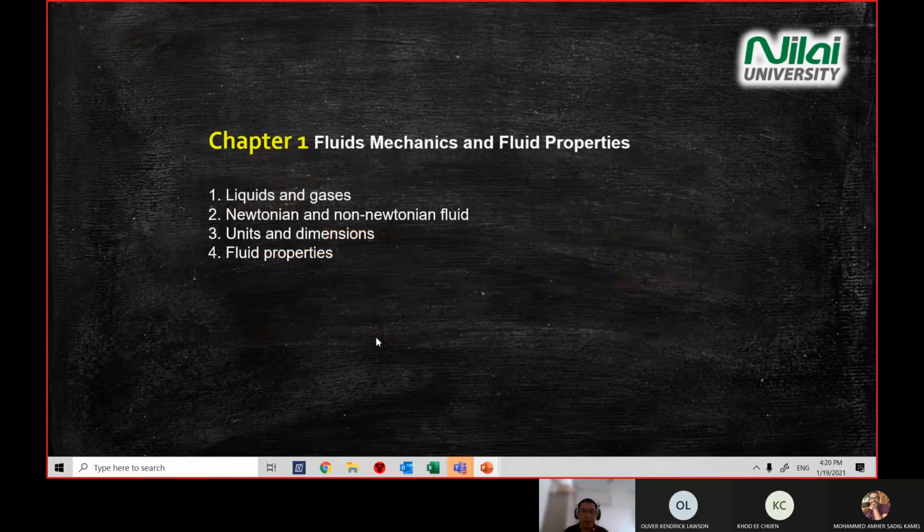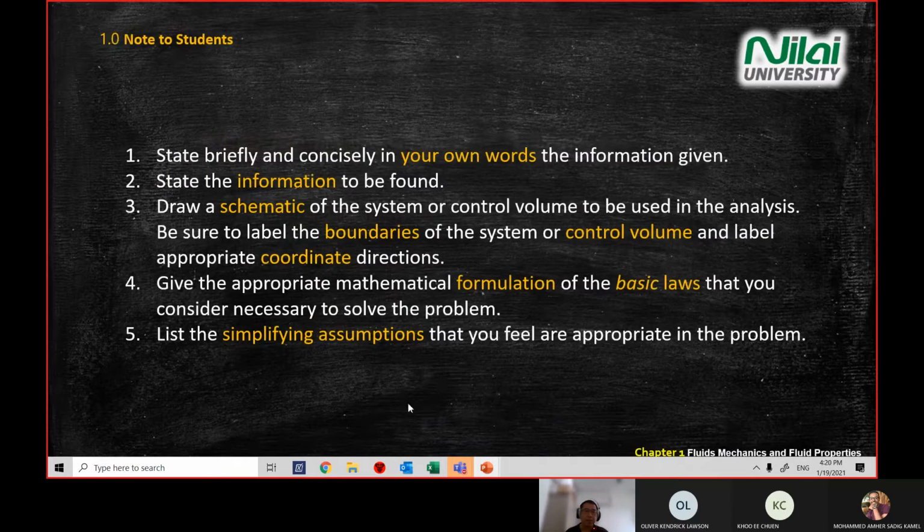Right. Now these are a few notes to all of you. These are the steps that we're going to use every time we come to solve a problem. Okay. So I'll list out a few steps. First one, when you get a question or a statement, read the question and try to understand it, and then write the information on a paper.